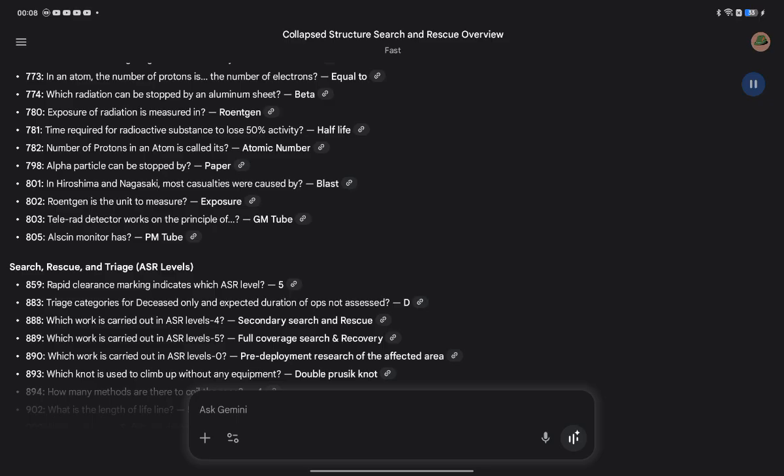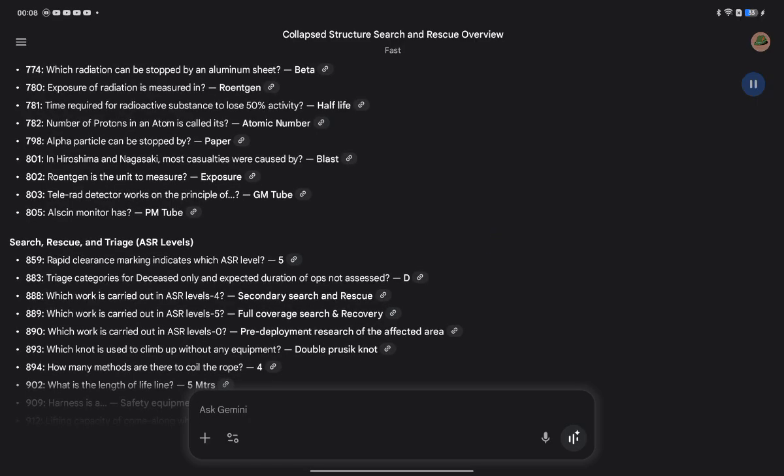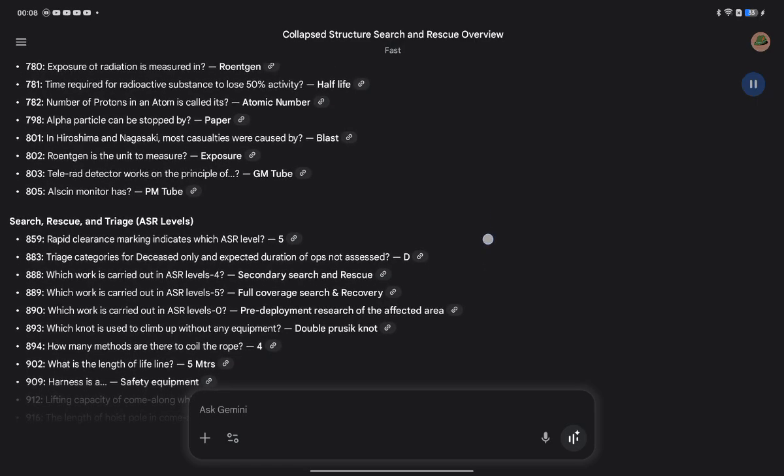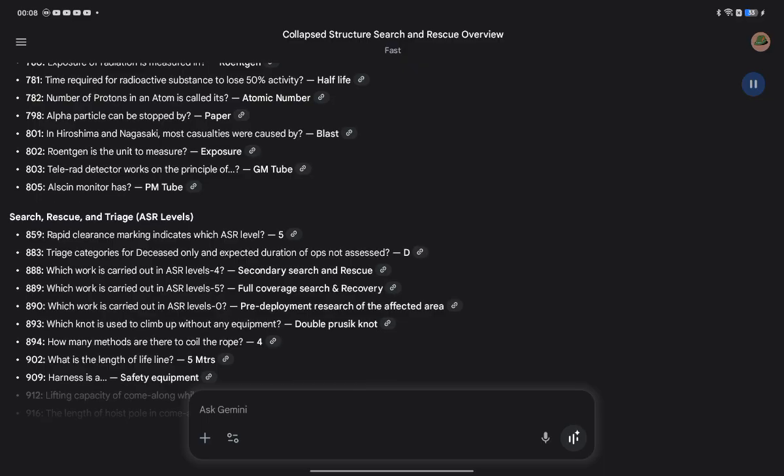Which radiation can be stopped by an aluminum sheet? Beta. 780. Exposure of radiation is measured in Röntgen. 781. Time required for radioactive substance to lose 50% activity. Half-life. 782. Number of protons in an atom is called its atomic number.